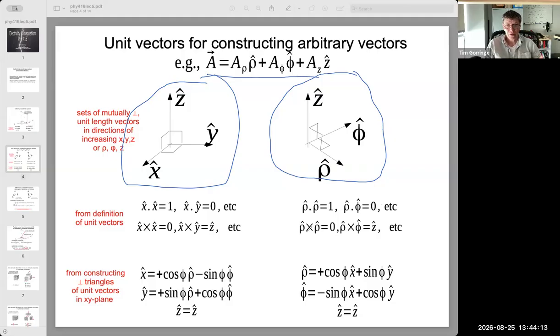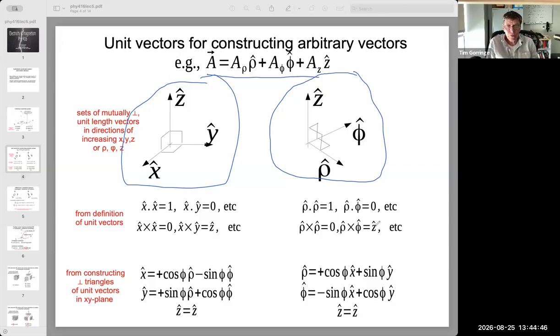Rho cross rho, a cross product of two like unit vectors: well, cross product picks out perpendicularness. These two vectors are the same, they're parallel, so that's zero. Rho cross phi gives you the remaining unit vector, the z unit vector. And so in that respect, the relationships between the unit vectors and the orthonormality of the unit vectors look very, very similar in rectangular and cylindrical coordinates.